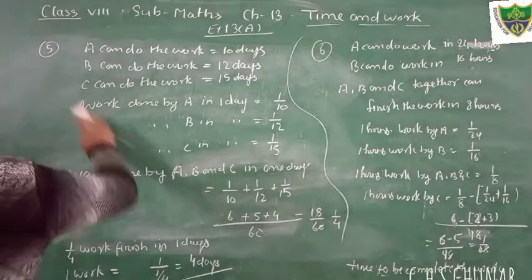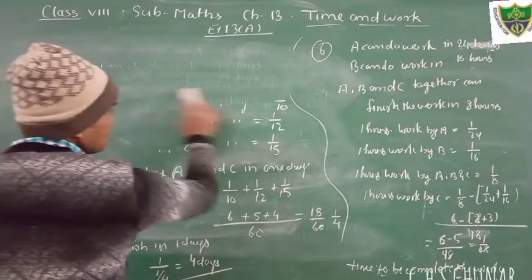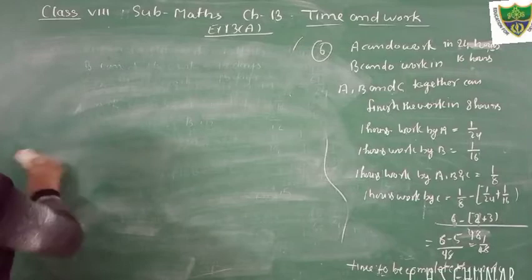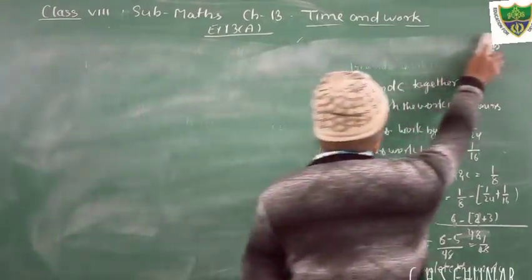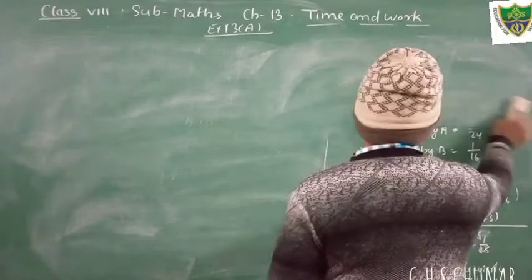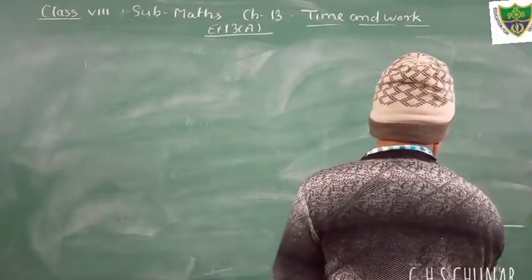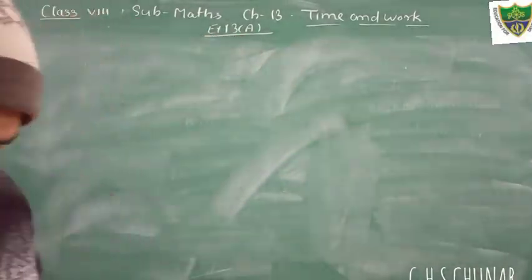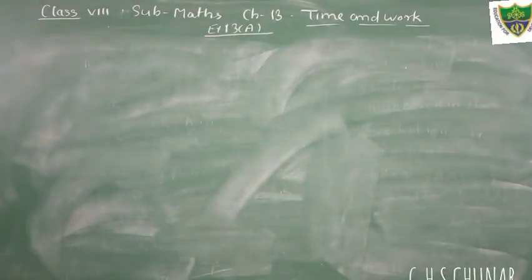It is the same as question number 6. In question number 8, it is given that A and B can finish the work in 16 days and 12 days. A started the work and worked at it for 2 days. He was then joined by B.